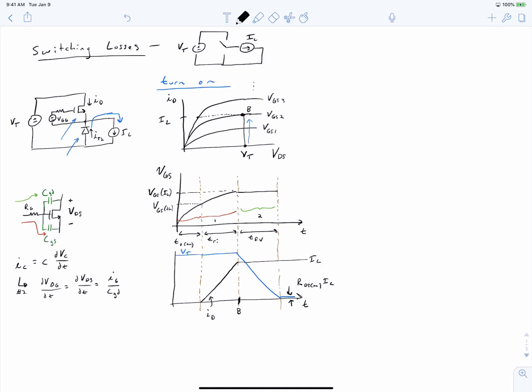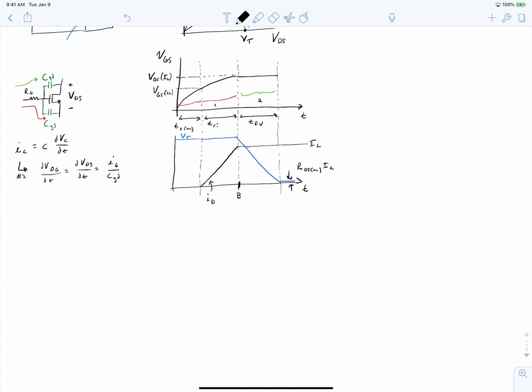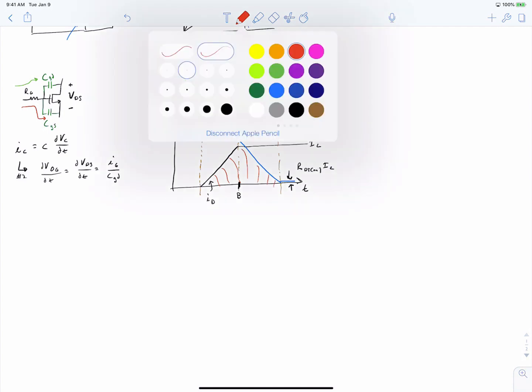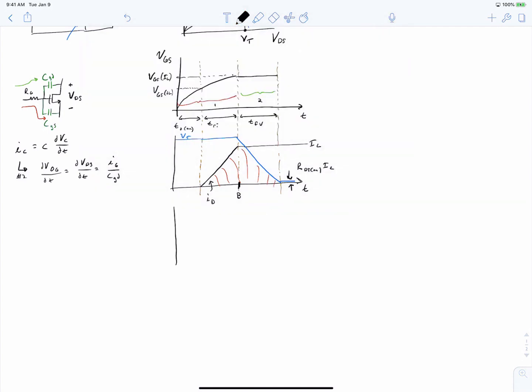So what does this mean for losses? Well, the power losses are the energy that's dissipated is the area underneath this curve here. And we can draw another graph below which labels our power losses.